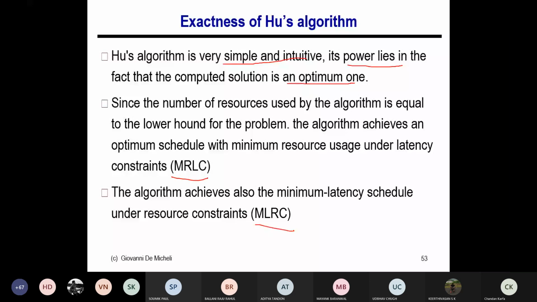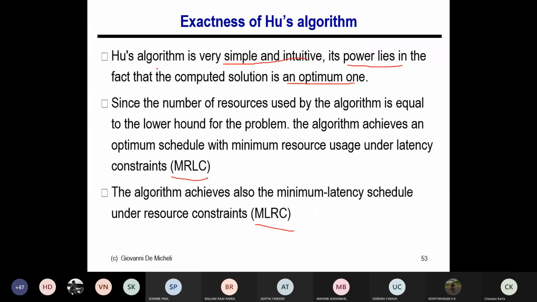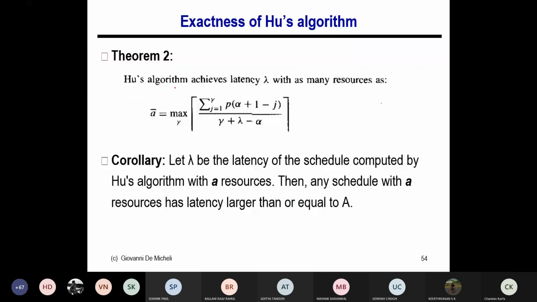So theorem 2, which gives you the MRLC, says that Hu's algorithm achieves latency lambda with the resource bound, right? It always achieves latency lambda with this resource bound. That means it minimizes latency under a resource constraint, right? I am always able to reach lambda with a given number of resources, which is the lower bound given by this equation.